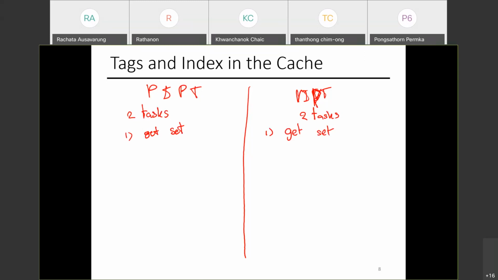The index or the tag? Do I use the index bit for the set ID, or the tag bit? Index, tag, which one? All right, everyone brain freeze. Yes, thank you, index bit.